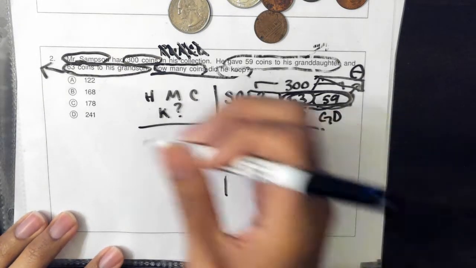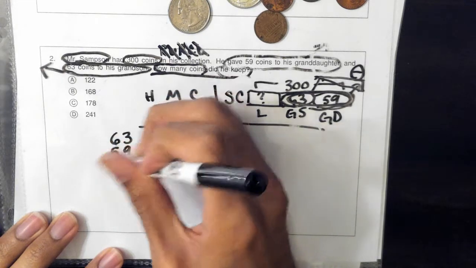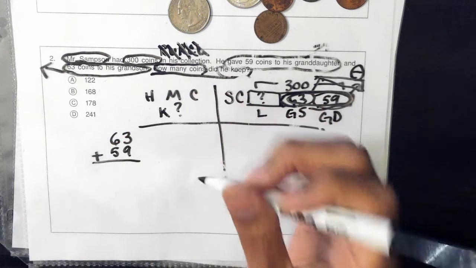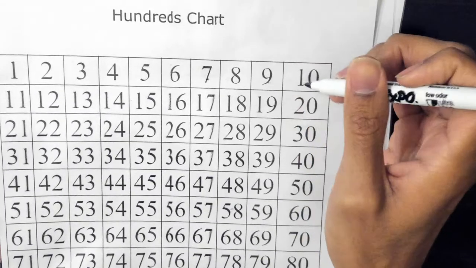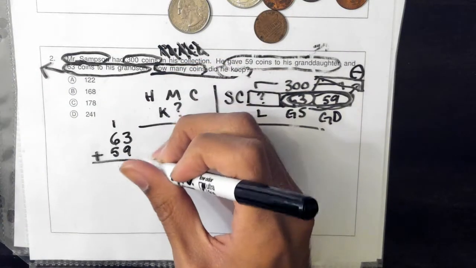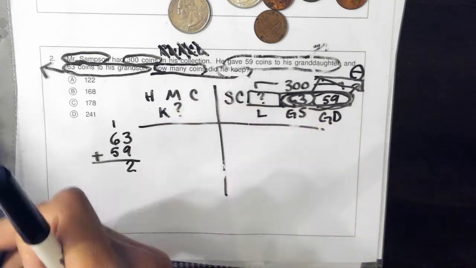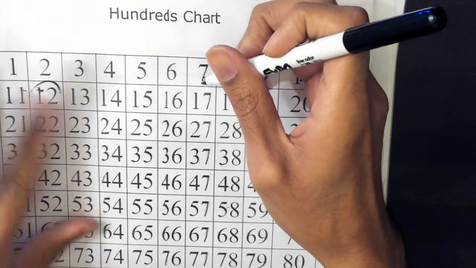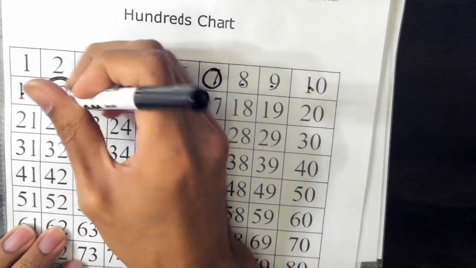So let me start by putting 63 and 59 together. When I put them together, let's see, 9 plus 3. This would be a great time to use your hundreds chart. 9, 1, 2, 3 is 12. You have to regroup. 6 and 1 more is 7. 7 plus 5. 7, 1, 2, 3, 4, 5 is 12.